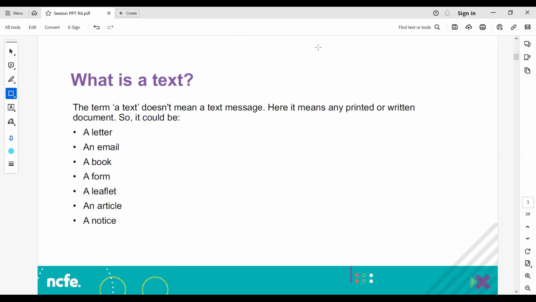So it could be a letter, an email, a book, form, a leaflet, an article, a notice, and so on. So it's referring to a printed or electronic text or document.